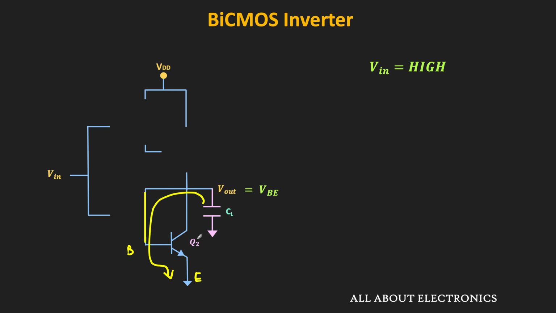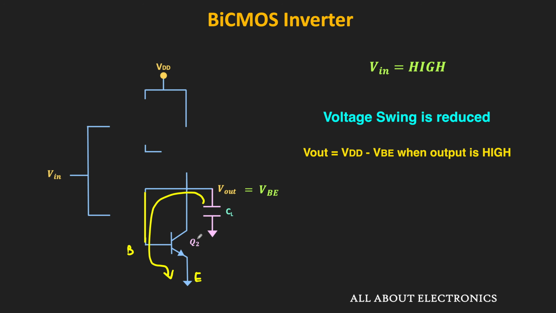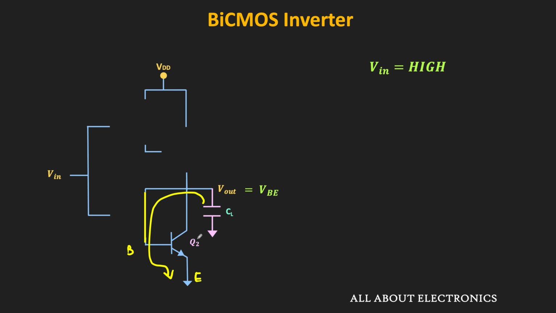As you can see, in this BiCMOS logic the voltage swing has been reduced, because now the logic high is equal to VDD minus VBE, while the logic low is equal to VBE. But in this way, this given BiCMOS circuit works as an inverter, and it can drive very large capacitive loads which cannot be driven by normal CMOS inverters.